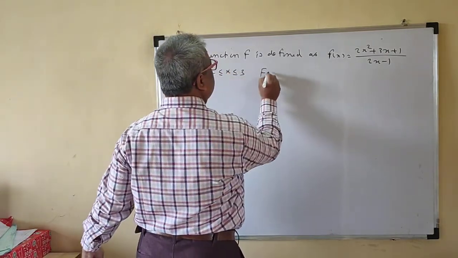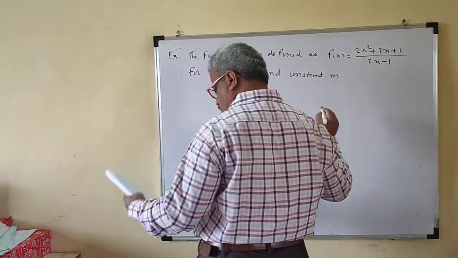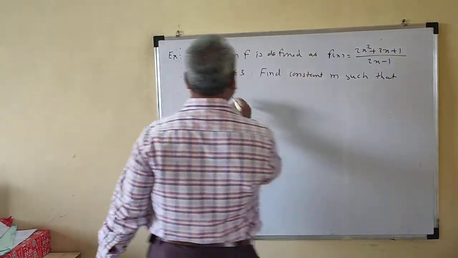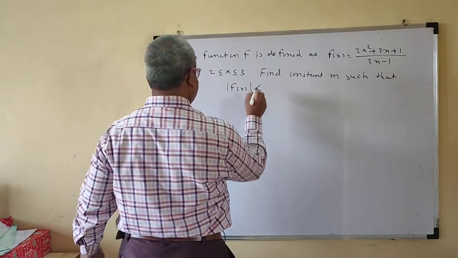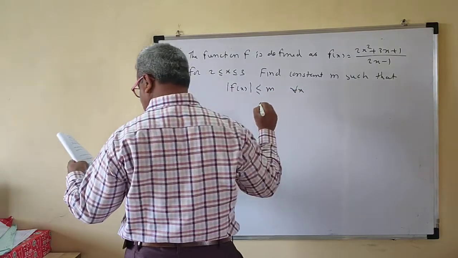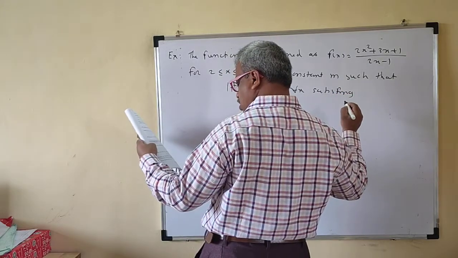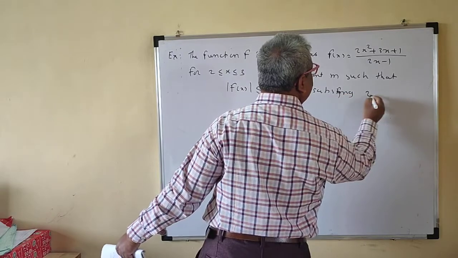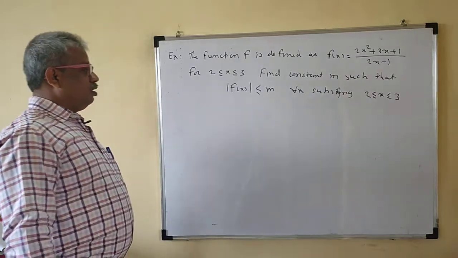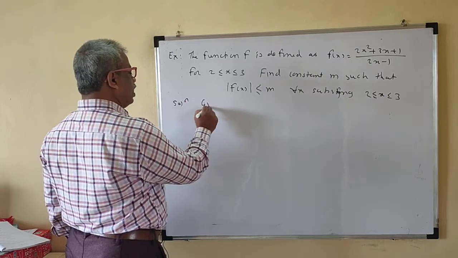Find constant m such that mod of f of x is less than or equal to m for all x satisfying 2 less than or equal to x less than or equal to 3. That means your domain of the function is given, closed interval 2 to 3 is given to you. Okay, solution.